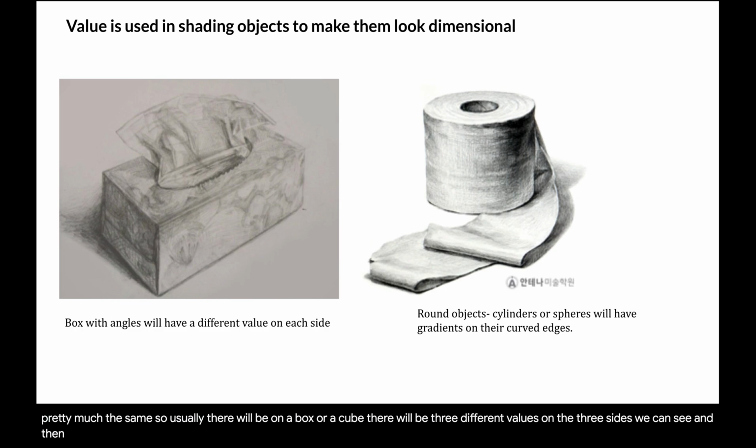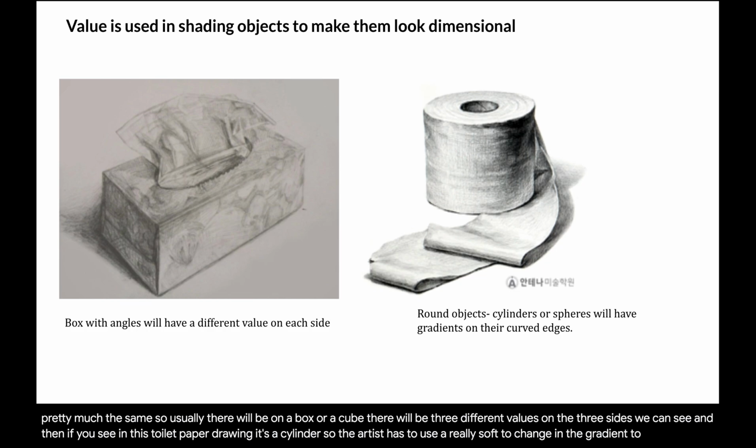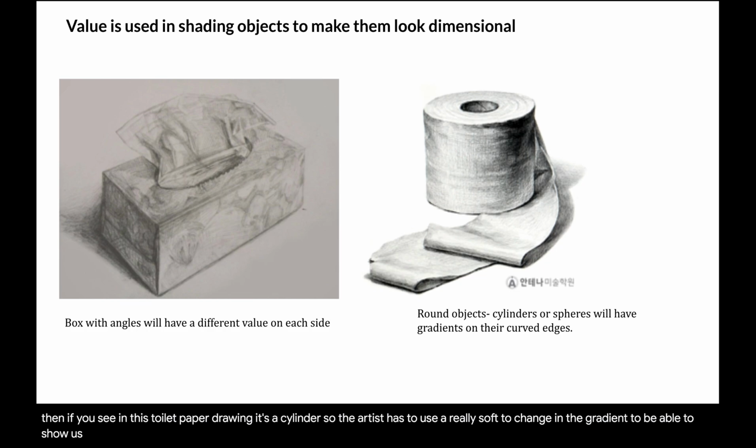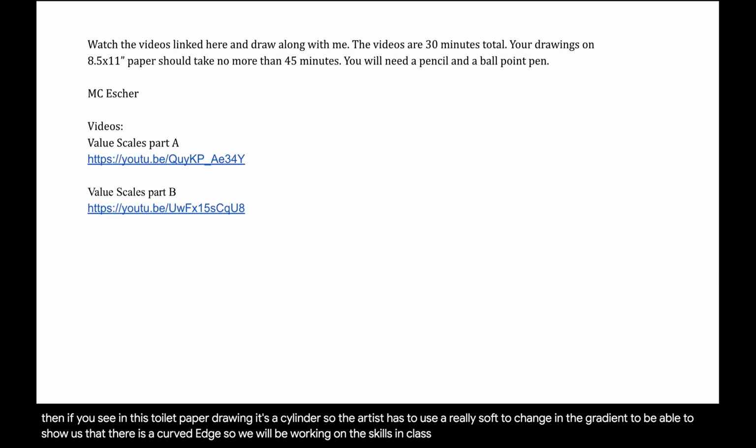And then in this toilet paper drawing, it's a cylinder, so the artist has to use a really soft change in the gradient to be able to show us that there is a curved edge. So we will be working on these skills in class.